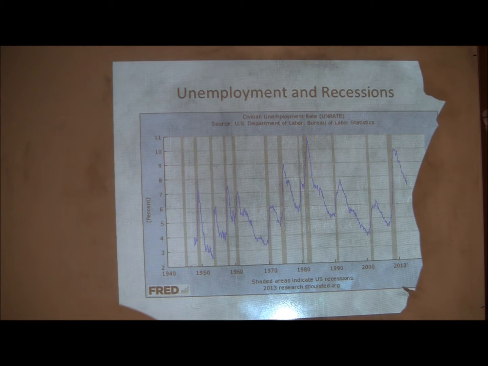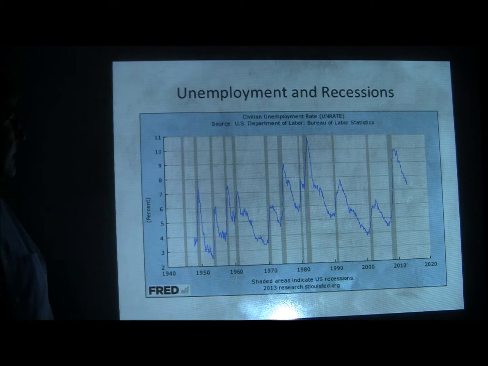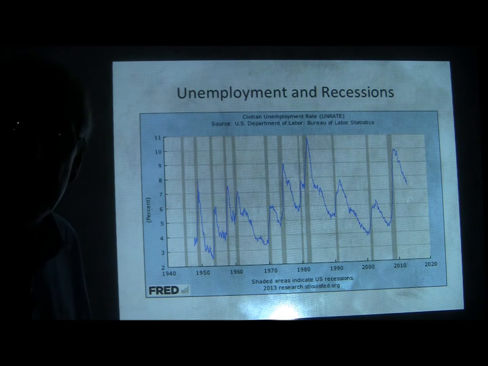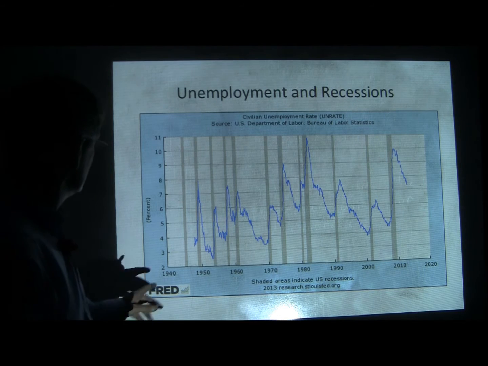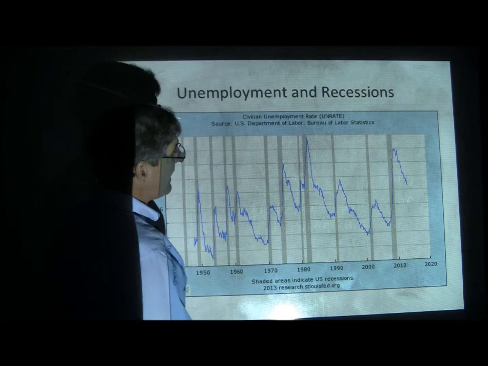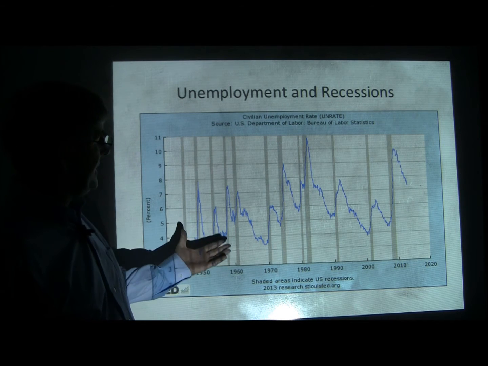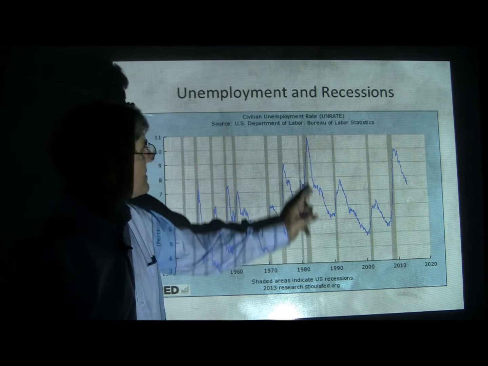So this is the unemployment rate. And the gray bars, if you can see them, I hope you can, are the recessions. So this is the period when output is declining. And so you can see whenever there's a recession, unemployment really spikes.